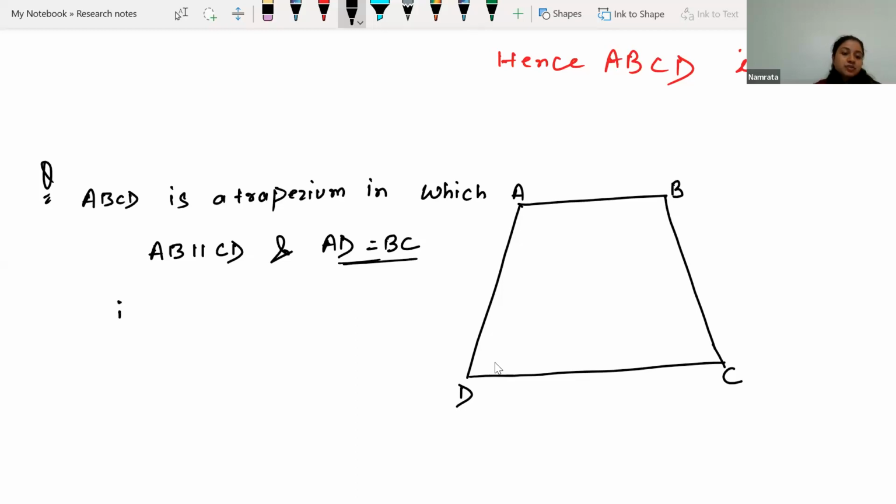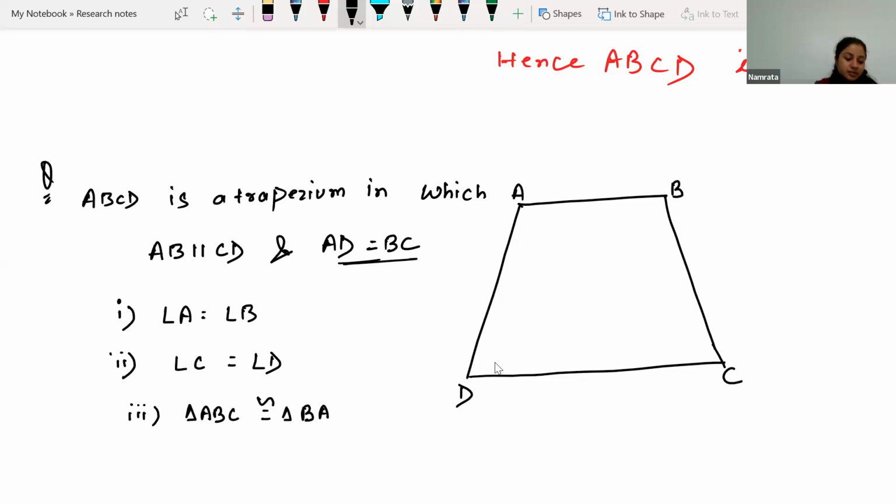Here we have to show that angle A is equal to angle B. We also have to show that angle C is equal to angle D. We also have to show triangle ABC is congruent with triangle BAD.